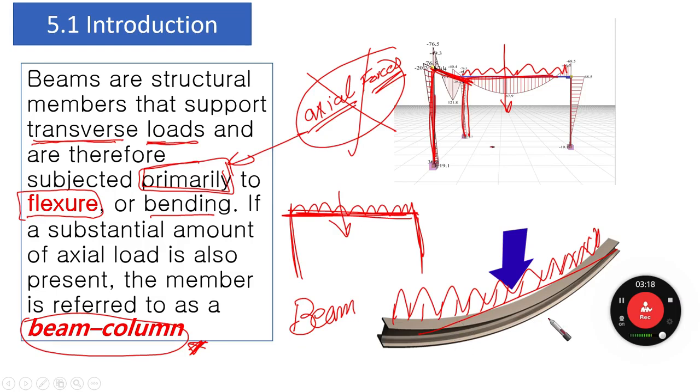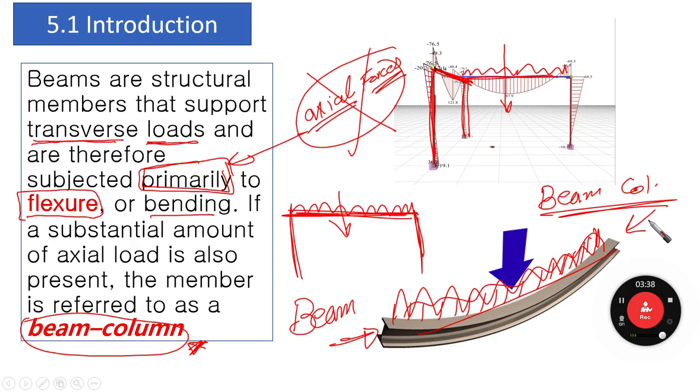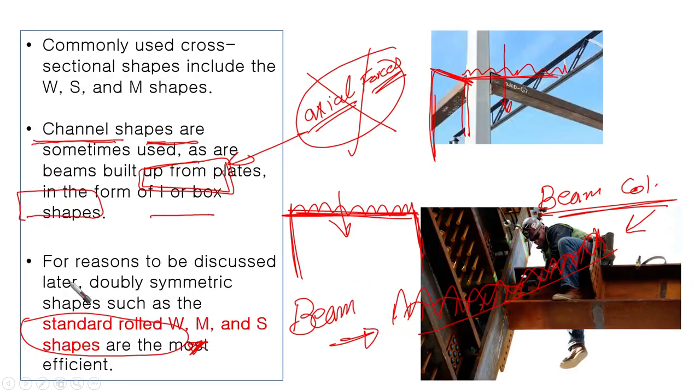But if this element has a substantial amount of axial force plus the flexural bending straining actions, in this case we are going to call it a beam column, which is going to be discussed and explained later. Okay, so to this point we are on the same page that we understand the meaning of beams. Okay, let's go next.